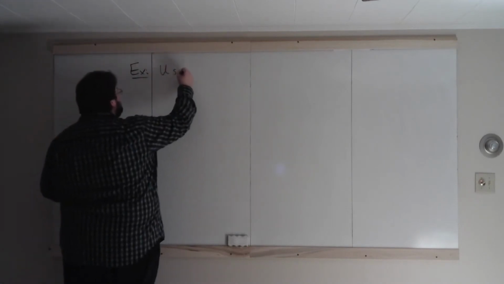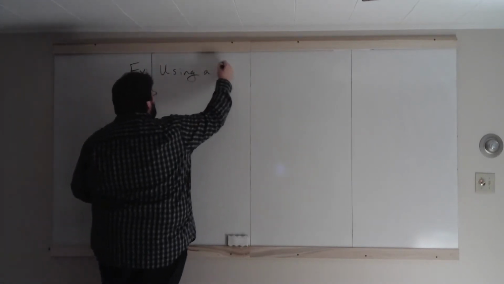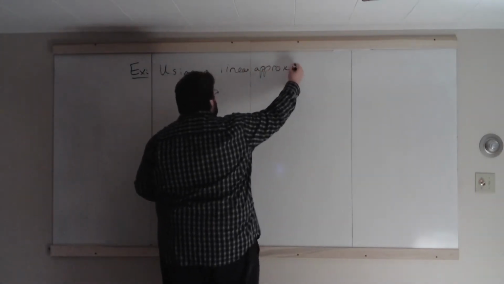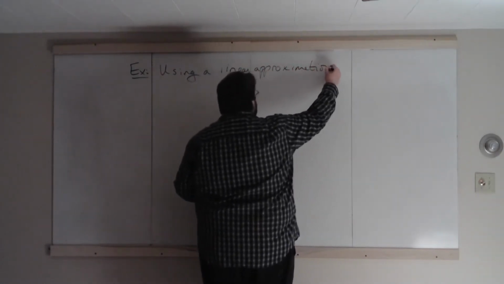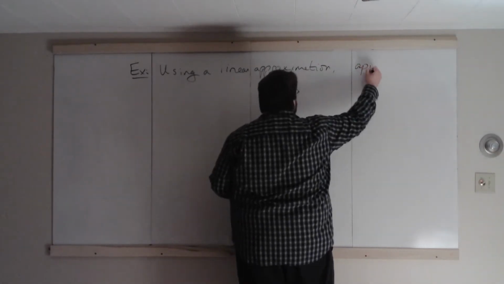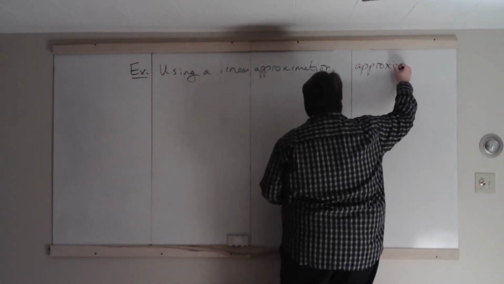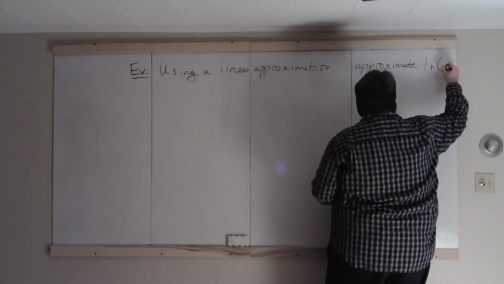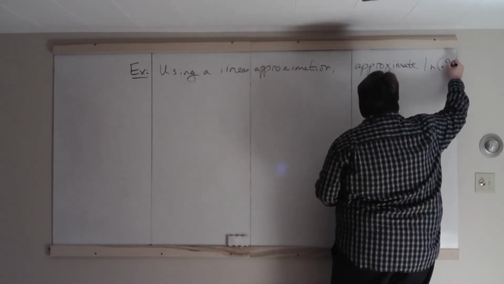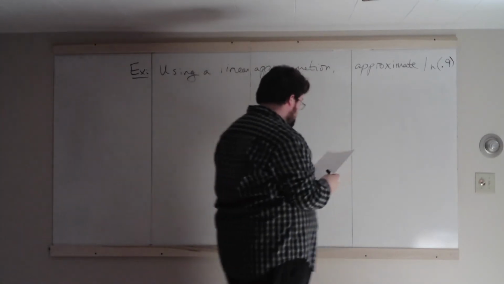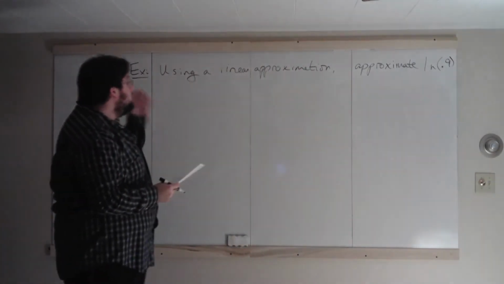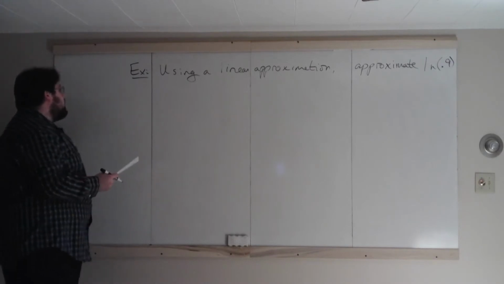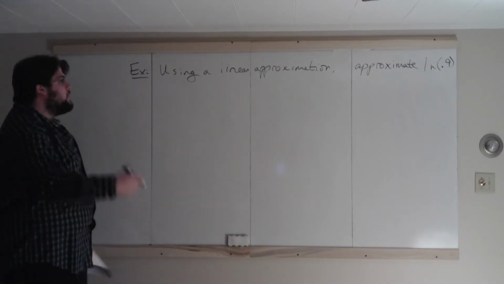Using a linear approximation, approximate the natural log of 0.9. There should be a period at the end of that sentence, but I won't put that there now. Using a linear approximation, approximate log of 0.9.